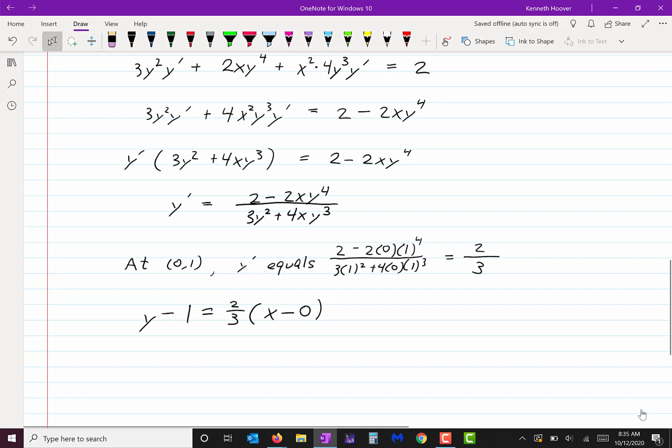But if you prefer, you could manipulate things around and rewrite it in this order. y equals 2/3 x plus 1. And there's your tangent line. All right. Not too difficult, really. Just a matter of getting the hang of it. Let's do another practice.